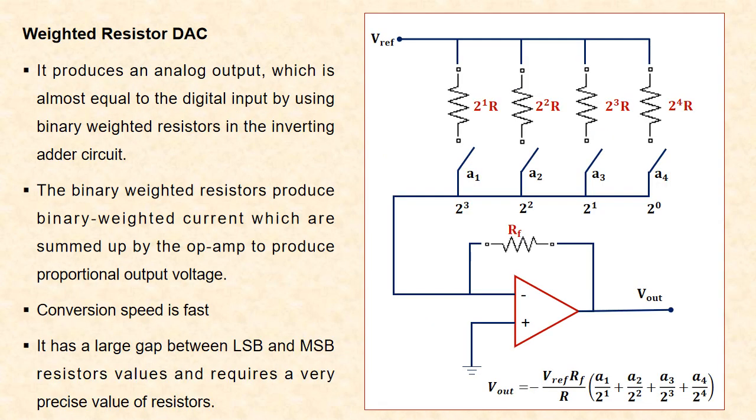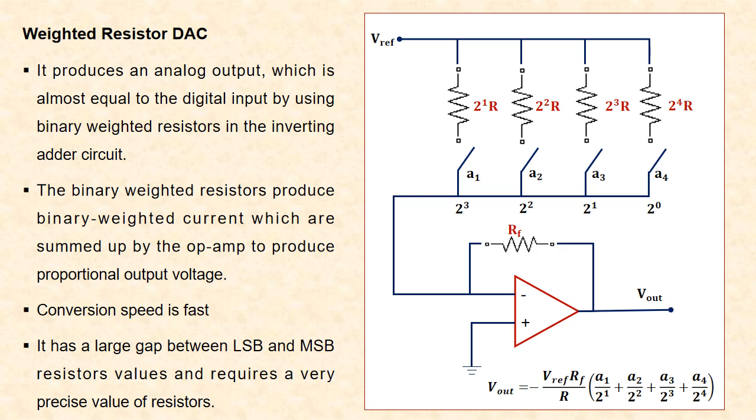Next, we will see the digital to analog converter types. First one, weight resistor digital to analog converter. It produces an analog output, that is continuous signal, which is almost equal to the digital or binary input by using binary weight resistors in the inverting adder circuit.